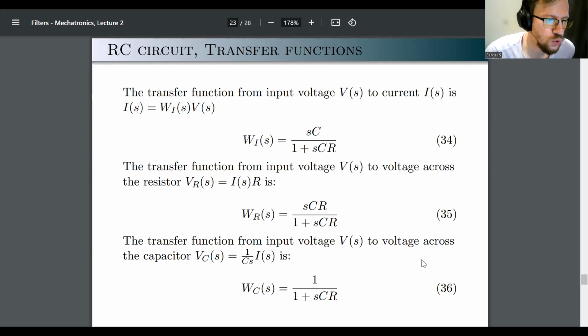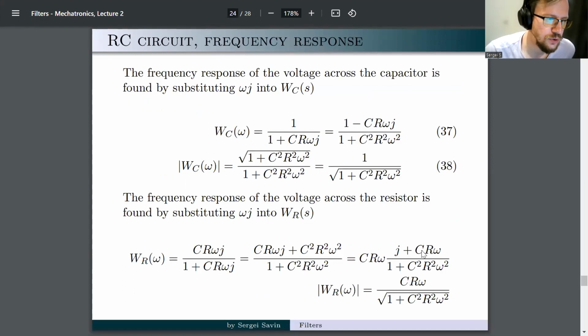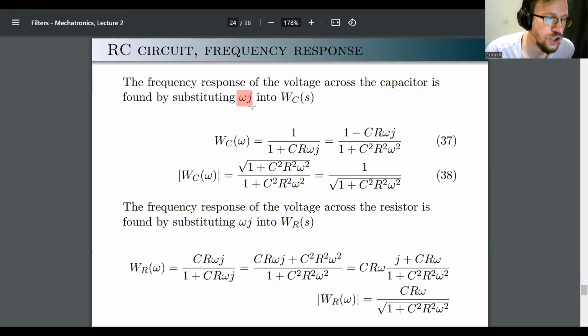Now with that we can do analysis. So frequency analysis again, remember, is done by substituting omega j instead of s into transfer function. So here is the transfer function for voltage across the capacitor. Okay. We substituted omega j instead of s. Next step, we multiply it by conjugate.